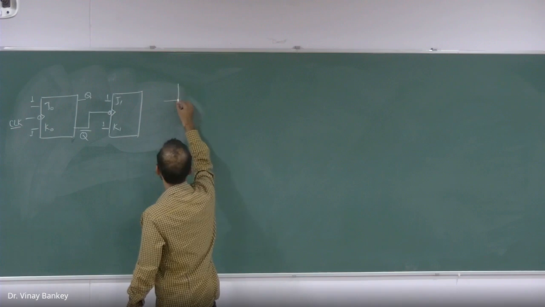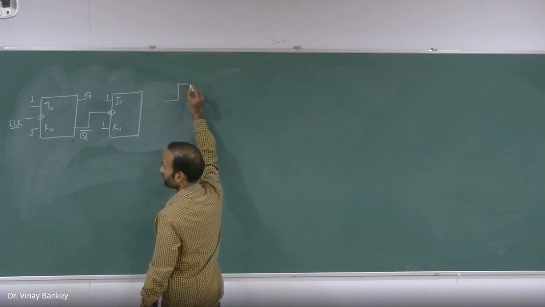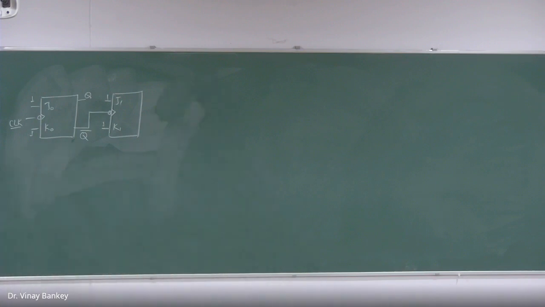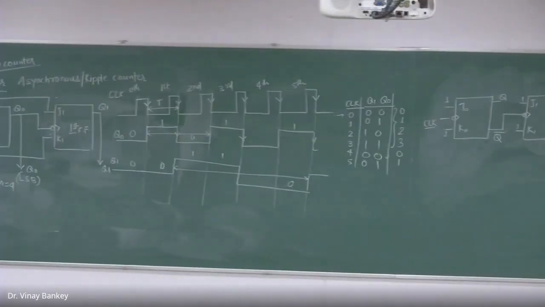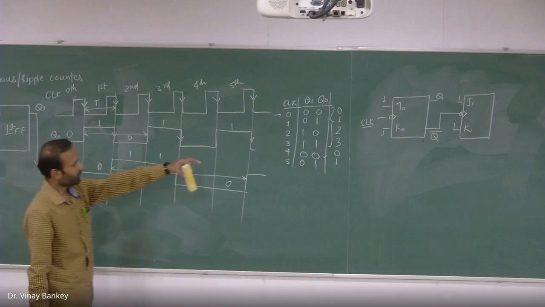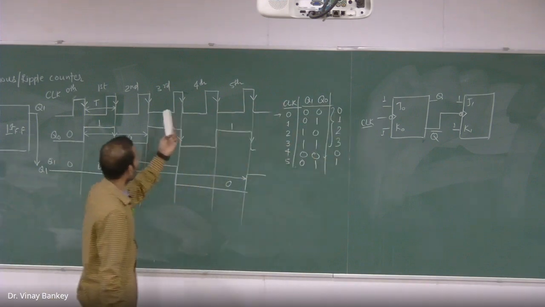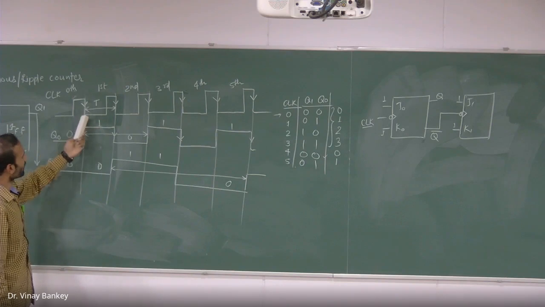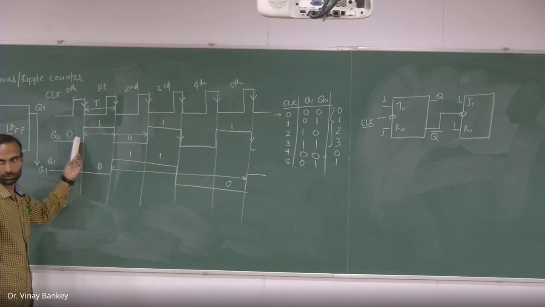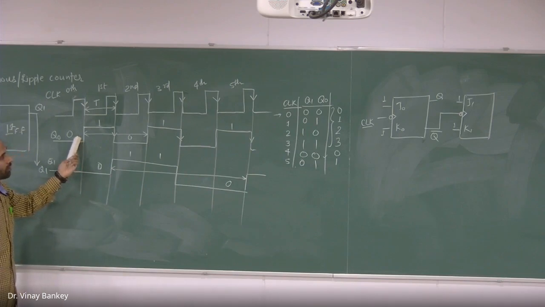So I have this clock pulse. See there, whenever there is a clock and the moment it sees the negative edge, the output of the first flip-flop will change. And now we have this Q0. But the second flip-flop will not change according to this.